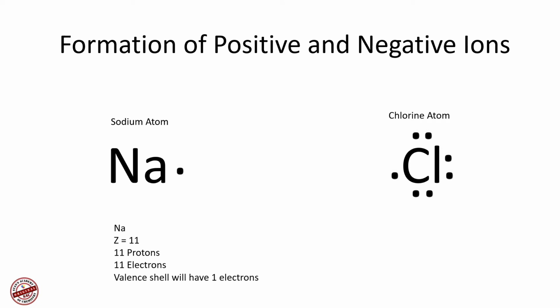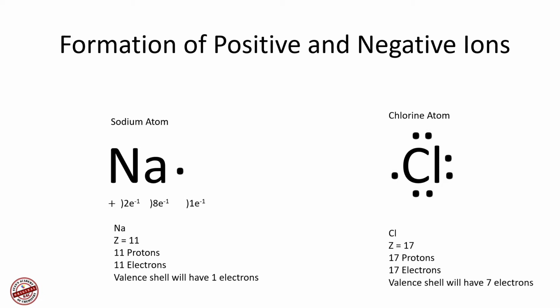Sodium atomic number is 11, has 11 protons, 11 electrons. The valence shell will have 1 electron because in the first shell we have 2 electrons, in the second shell we have 8 electrons, makes it 10, and the last electron is in the outer shell, the valence shell, and that is represented as a dot along with a symbol.